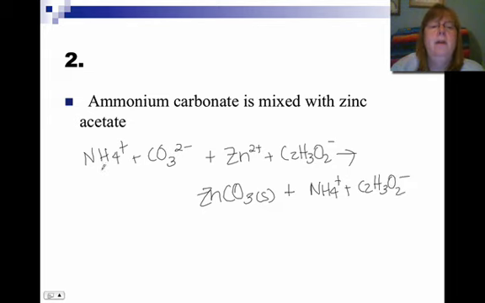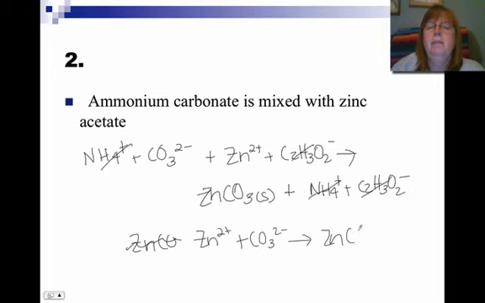There they are, ammonium, ammonium, and now we can write our net ionic equation. Here it is: zinc plus carbonate yields our precipitate zinc carbonate. And it's balanced. Isn't that nice? Getting rid of those spectator ions just makes our life easier.